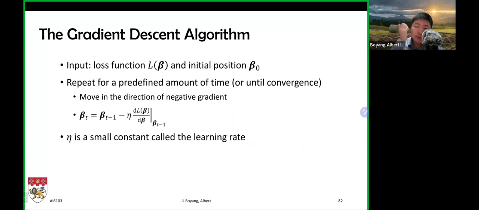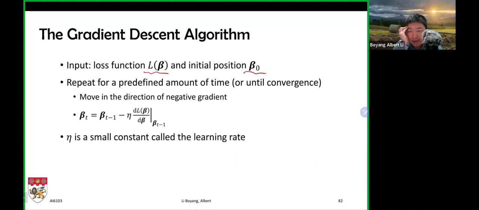Okay, so for the purpose of today, we're going to introduce the gradient descent algorithm, for a loss function, and we have an initial position beta 0 where optimization starts from. The algorithm goes like this.